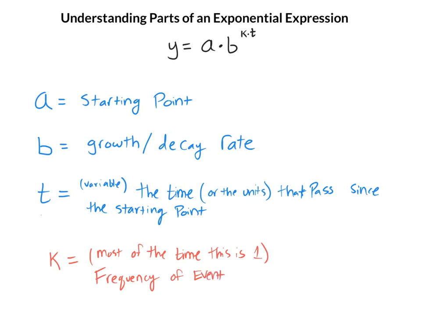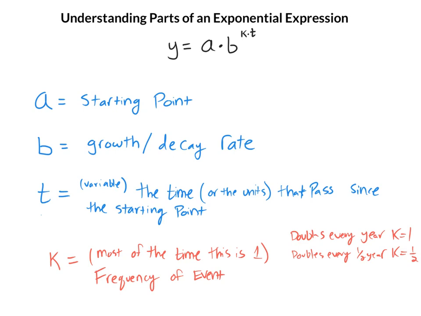If the population doubles every year, k will be every year, so every 1 year. If it doubles every half year, k is 1/2.